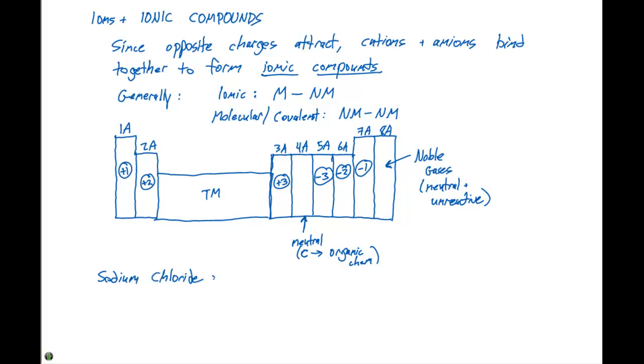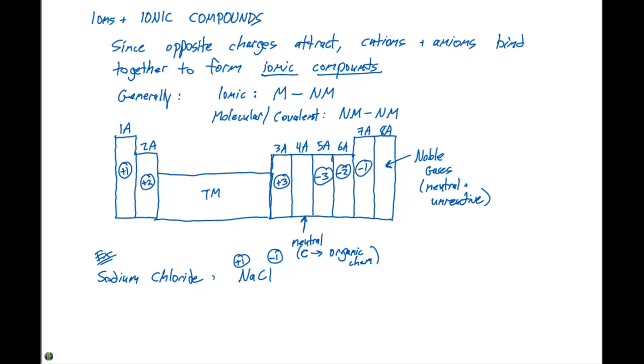Sodium chloride's chemical formula is NaCl. And whenever we have ionic compounds coming together to give us a formula, we need to balance out their charges. In this case, sodium is in group 1A, so it has a +1 charge. Chloride is in group 7A, so it's going to have a -1 charge.